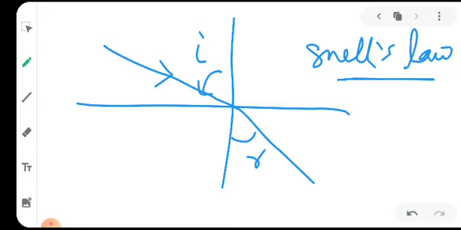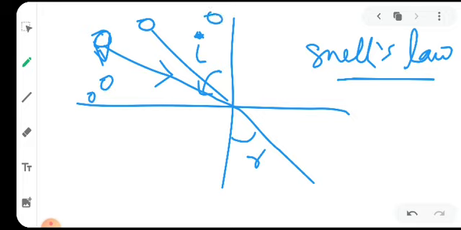So it means that you are free to change the angle of incidence. You can put your torch over here, or here, or even here.